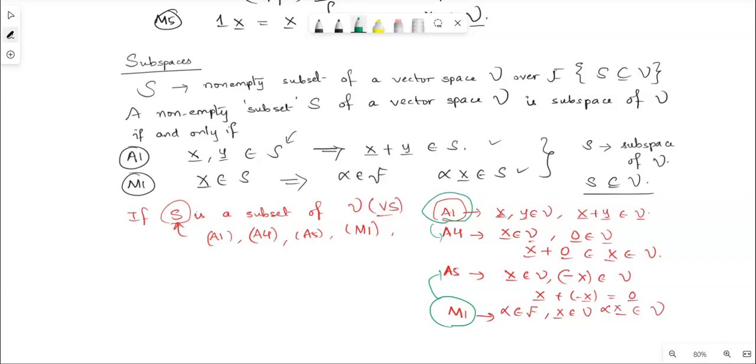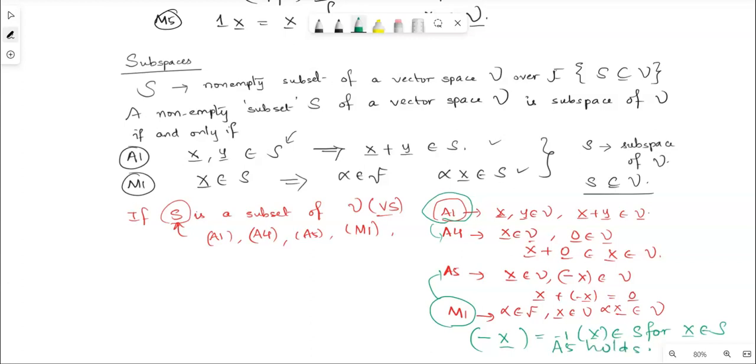To prove this, observe that the M1 property implies that minus x, which we can write as minus 1 times x, belongs to S for all x belonging to S, so that A5 holds.